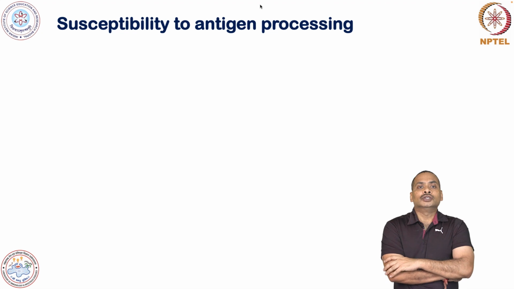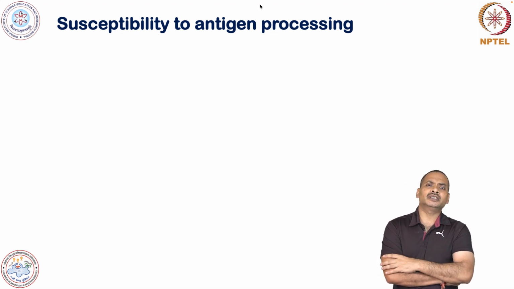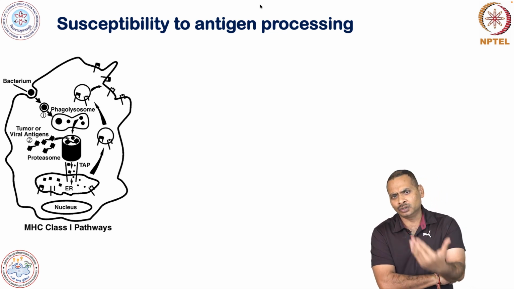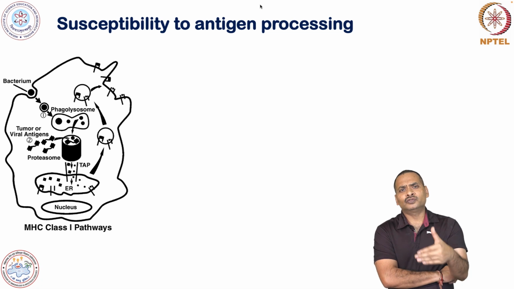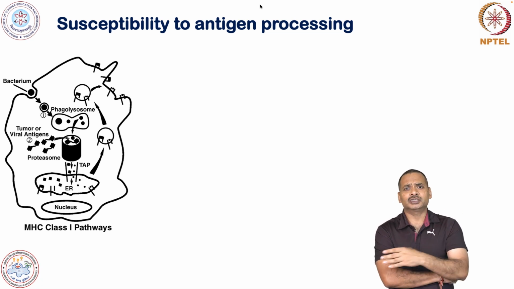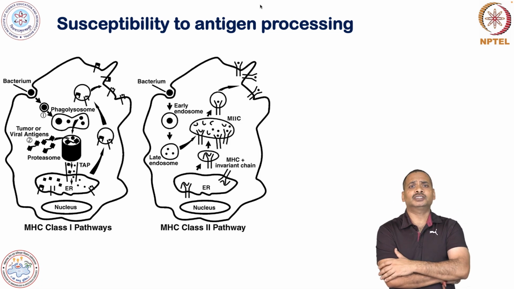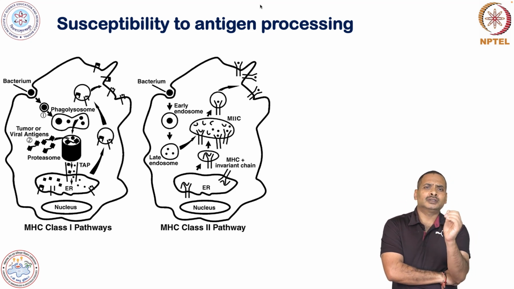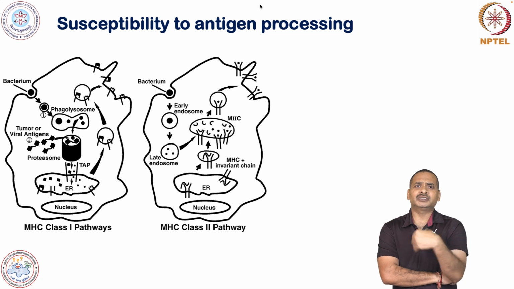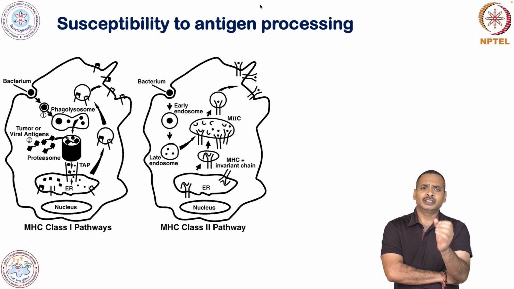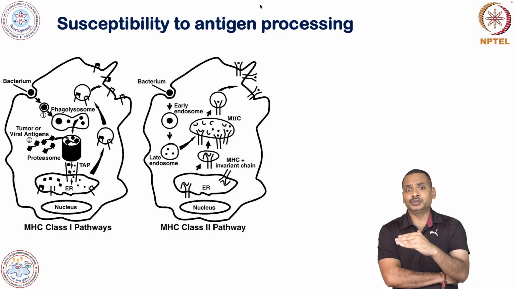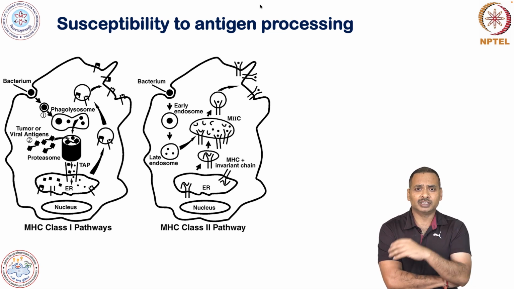If this process is hampered, then this will not be very good for development of an appropriate adaptive immune response or antibody production. So these two processes, the processing of antigen and presentation, are very important in order to get an appropriate adaptive immune response, particularly antibody response.